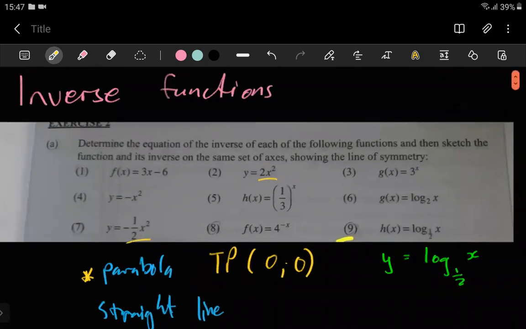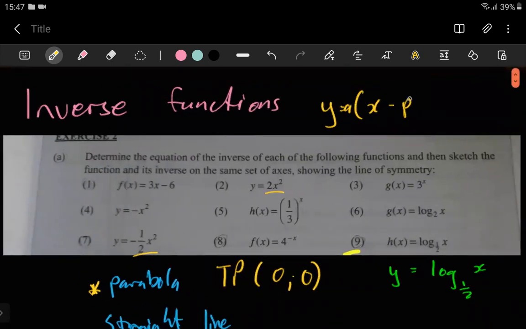We know it because if you look at the equation of a parabola, it's y equals a times x minus p squared plus q. If you look at it nicely, a is the 2 there, and there's nothing directly next to x, so it's like minus 0 there. There's nothing on the far right, so it's also a 0 there.